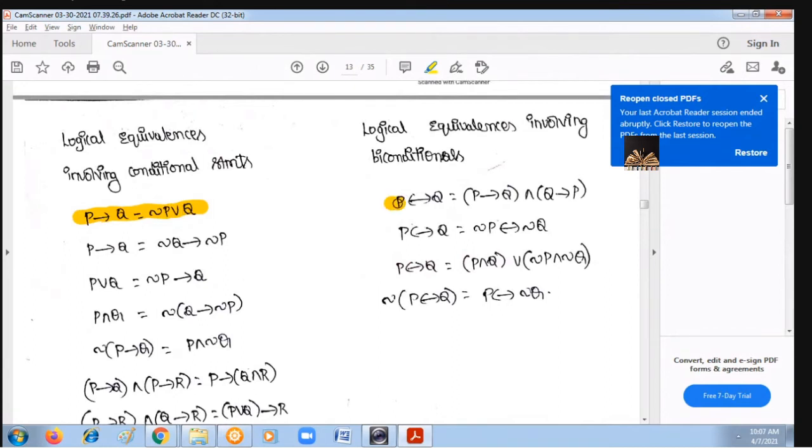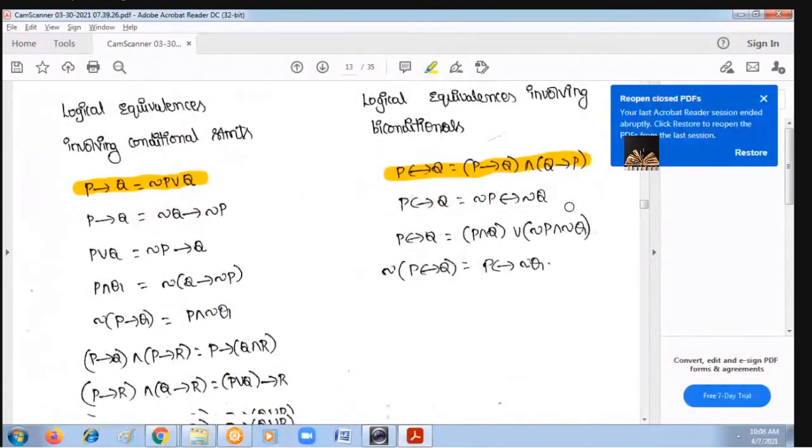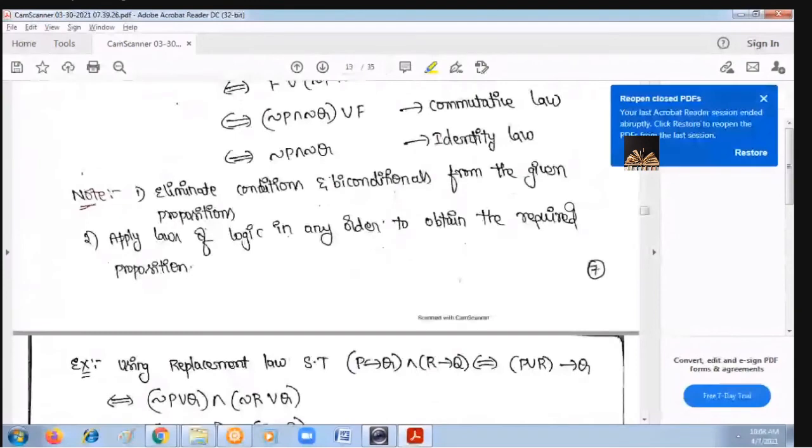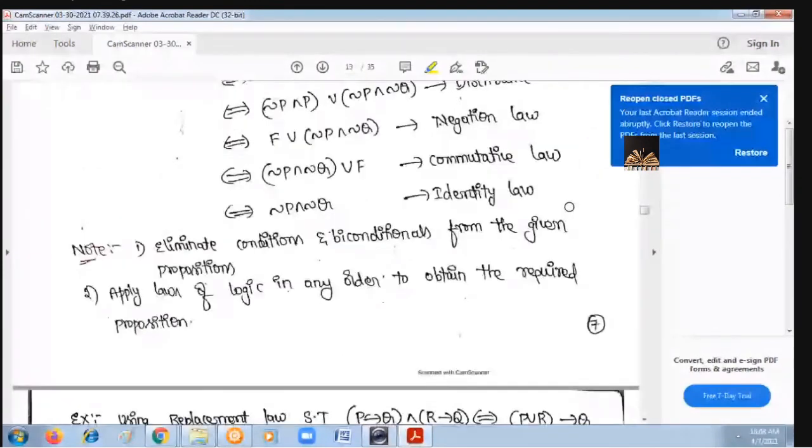Similarly, if you have any biconditional statement, using this formula, you will try to remove it. Then you will get a conditional statement. From this conditional statement, you know how to get a conjunction or disjunction. After that, you will apply De Morgan's law and distributive law based on the requirement, in the required sequence.